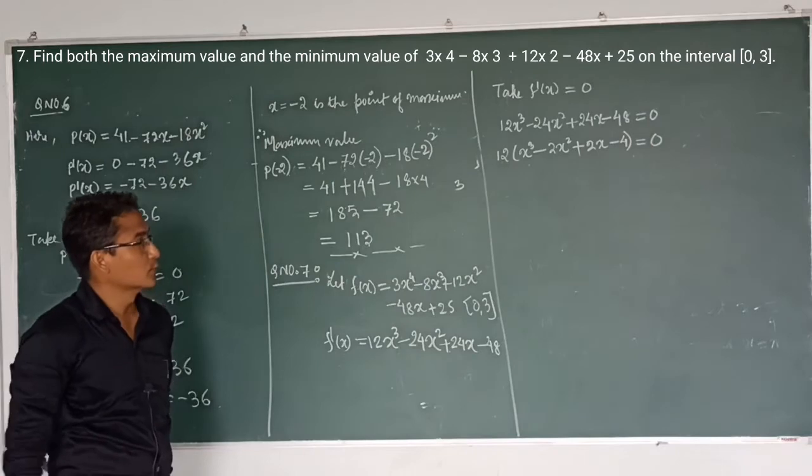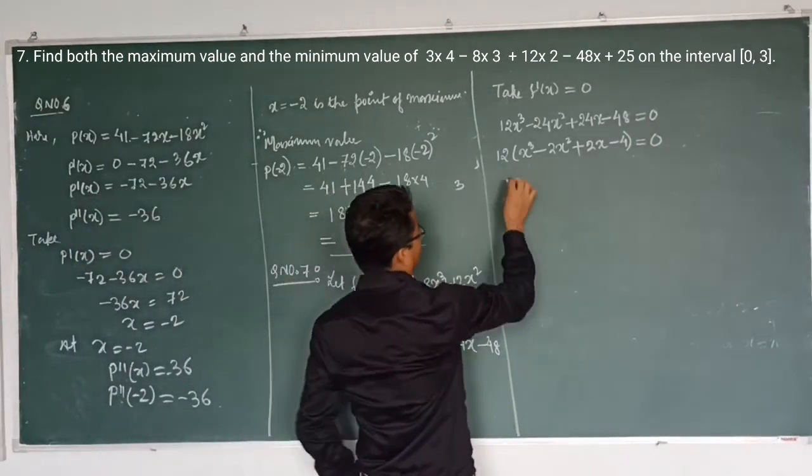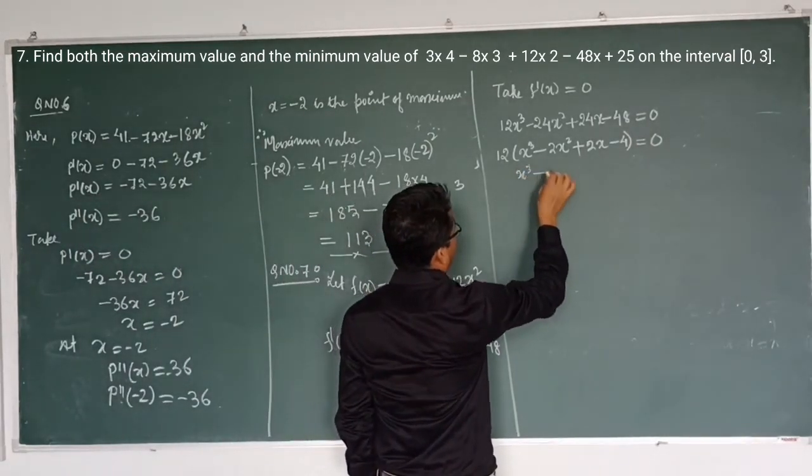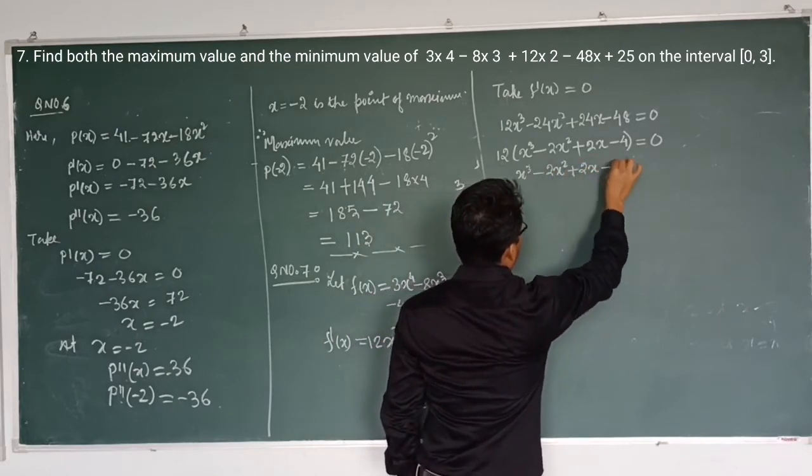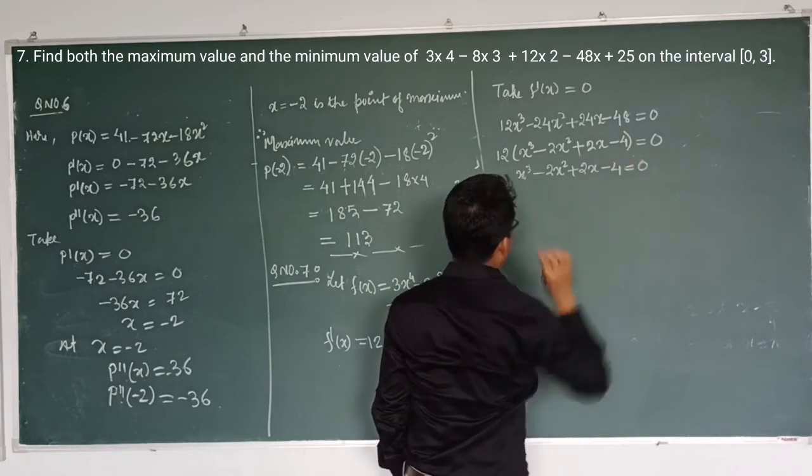So this becomes x cube minus 2x square plus 2x minus 4 equal to 0.